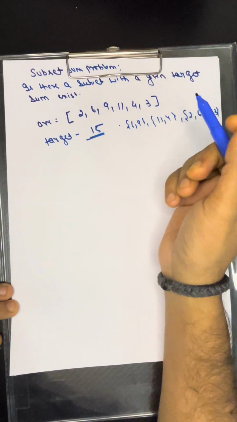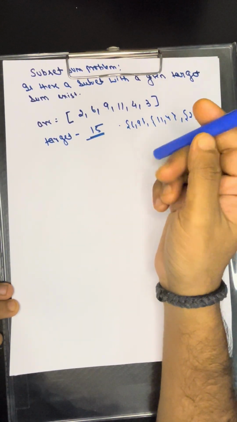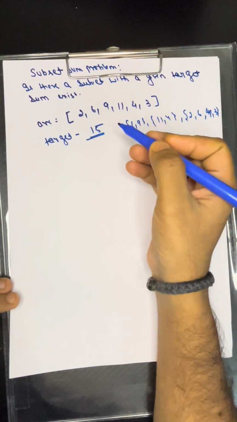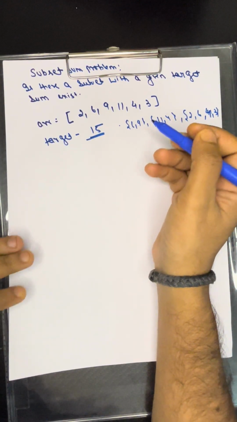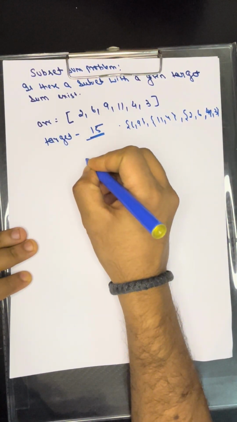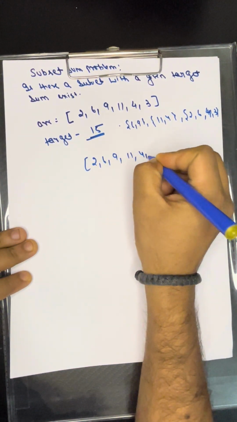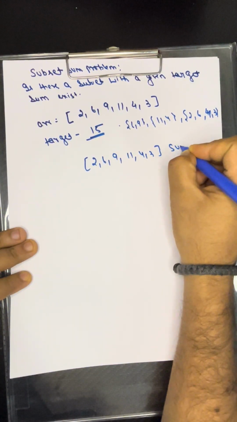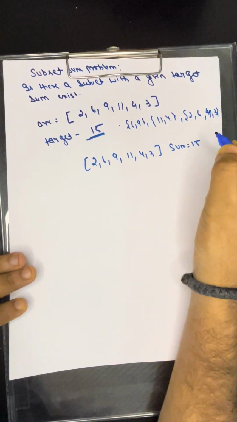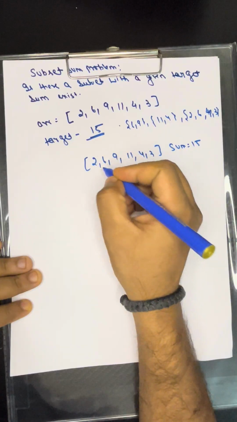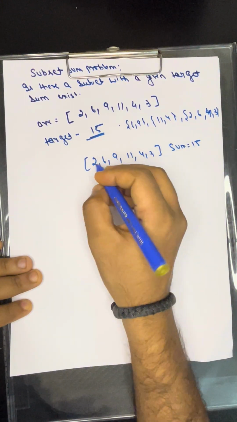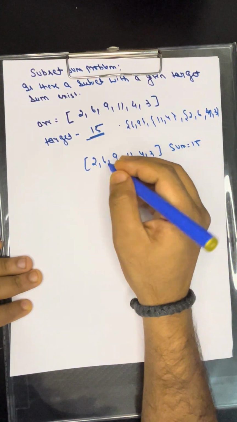So we'll solve this problem using the yes-no method. What does the yes-no method say? For example, we have 2 6 9 11 4 3 and our target sum is 15. We first have the option to choose 2 or exclude 2.